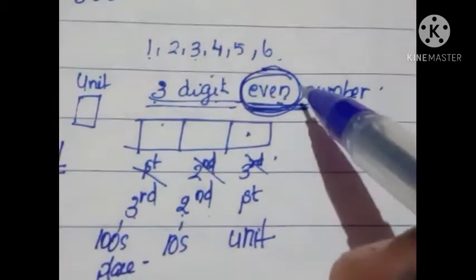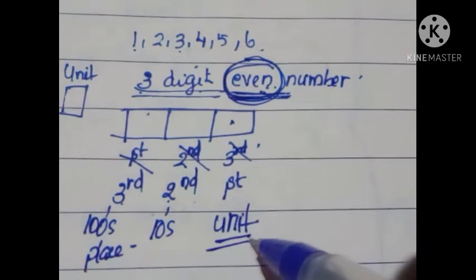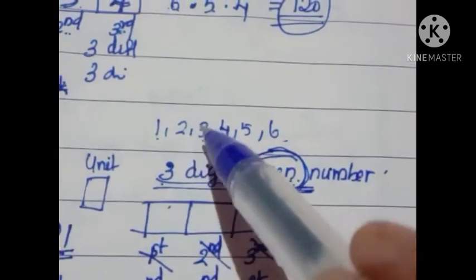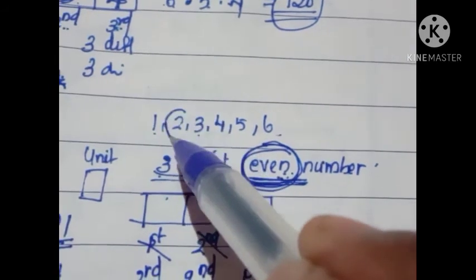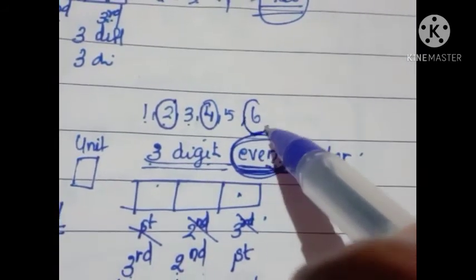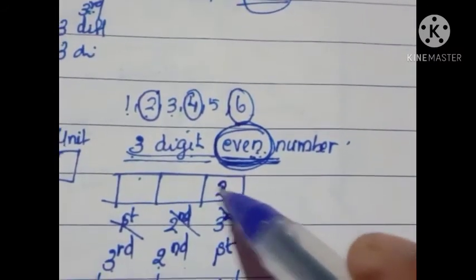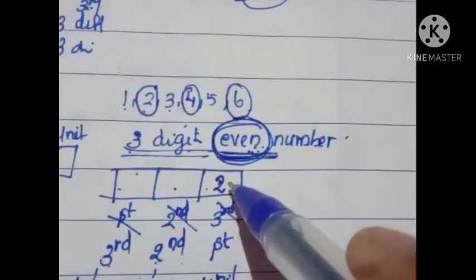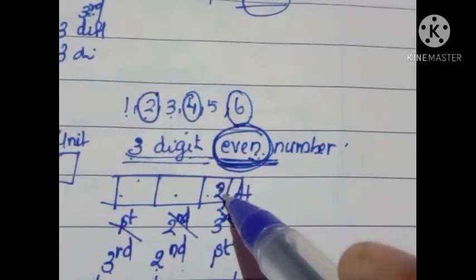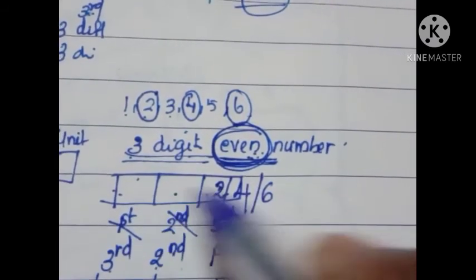Because we need an even number, first we need to fill the unit place. To get an even number, the unit place can be filled either by 2 or 4 or 6, isn't it? If we write 2 here, the 3-digit number becomes even. If we write 4, it becomes even. If we write 6, the 3-digit number becomes even.